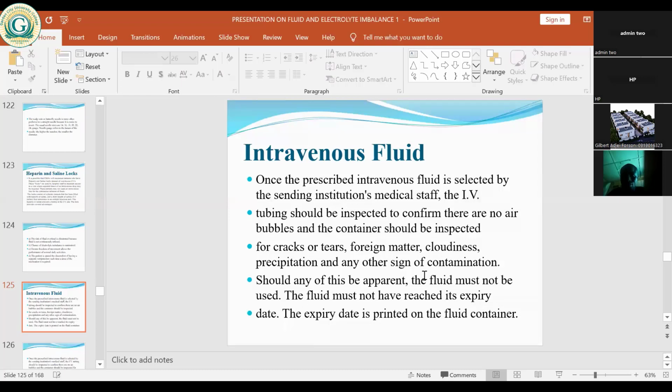Should any of this become apparent, the fluid must not be used. The fluid must not have reached its expiry date. Very important. Sometimes you tend to tell us that after 3 months of expiry date, it is safe to use. After 6, please. This is going into somebody's circulatory system. Let us protect the patient.